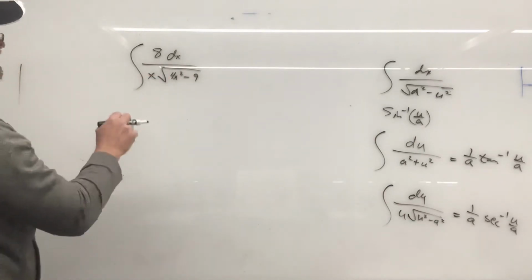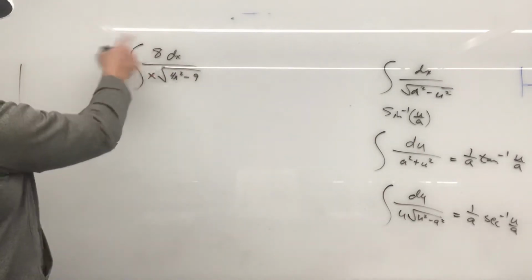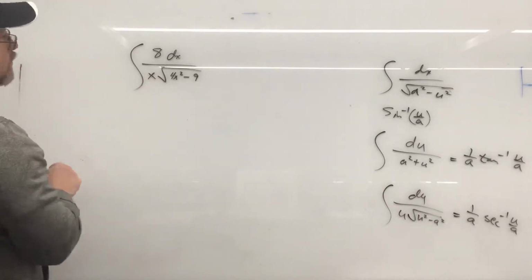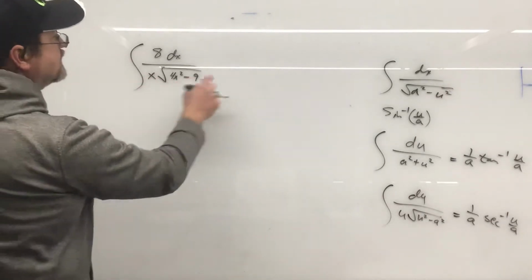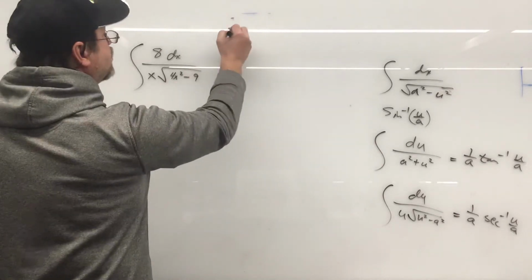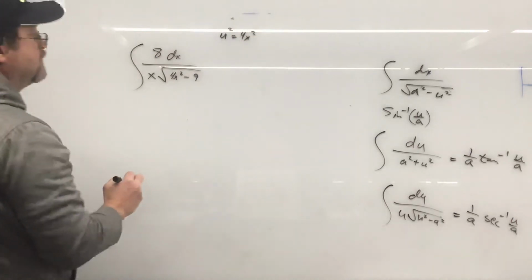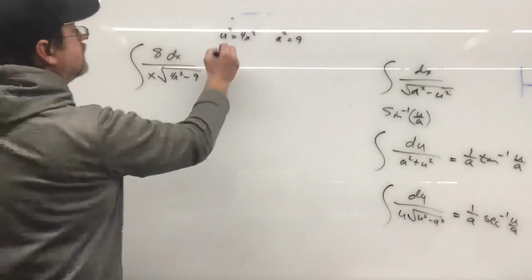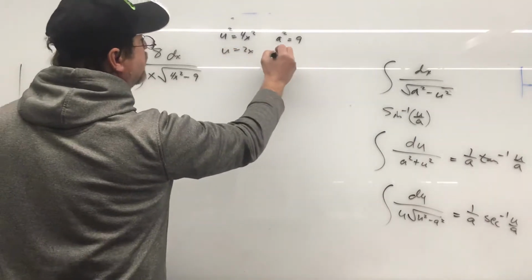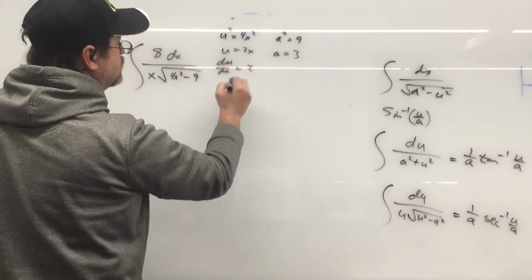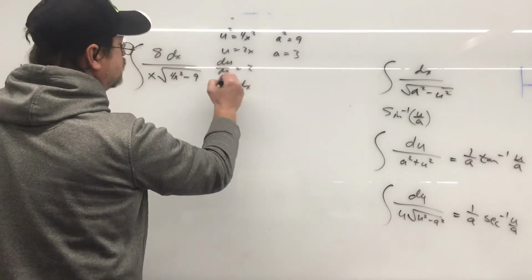I'm not worried about the 8. The 8's a constant. But I see this x outside the square root, and that looks like that form. First of all, it's supposed to be u squared minus a squared, so that means u squared must be 4x squared. It means a squared must be 9. Tells me u is 2x, a is 3, du dx is 2, which tells me dx is du over 2.